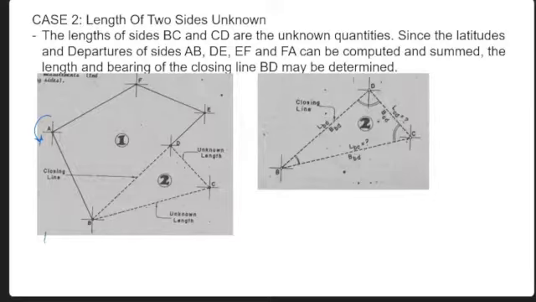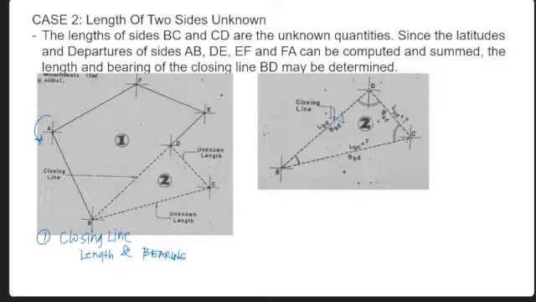So the first thing again to do is to have our closing line na maghihiwalay dun sa mga sides na kompleto from the sides na kulang-kulang. Okay, so determine its length and direction or its bearing. And after determining our length and bearing, we can now focus on the triangle alone na nabuo natin, containing two adjoining sides na walang length.